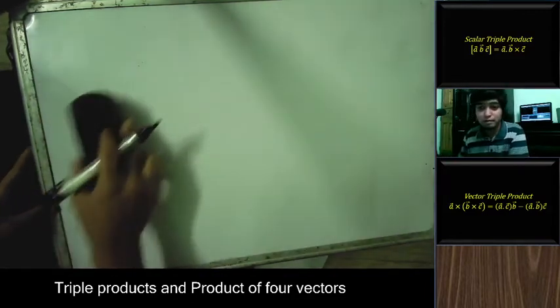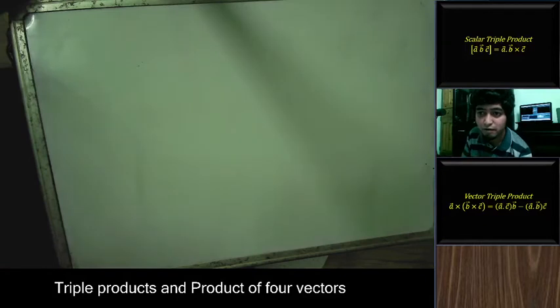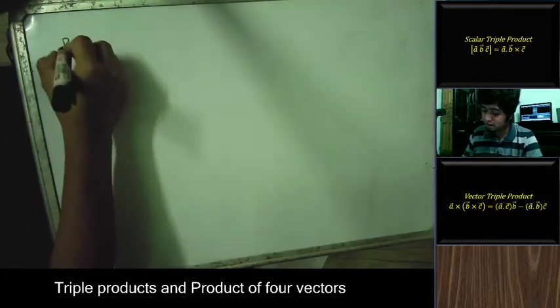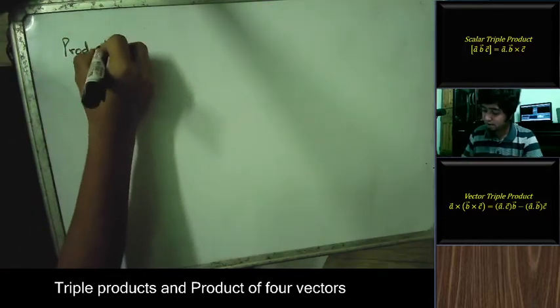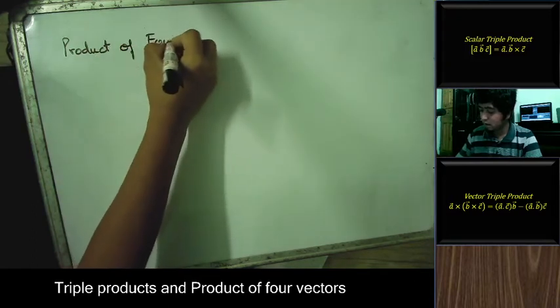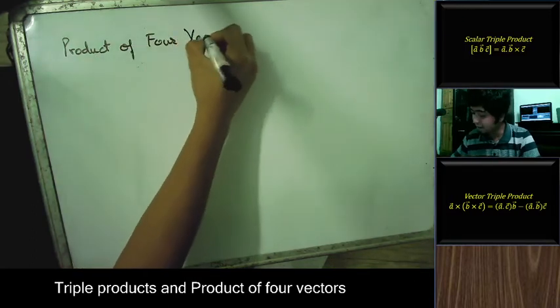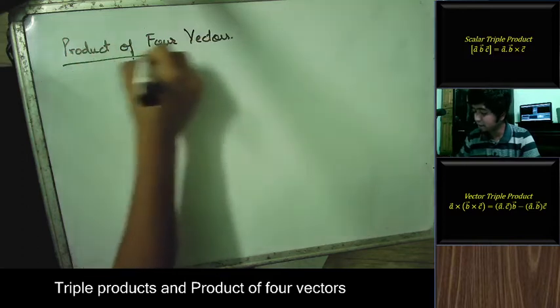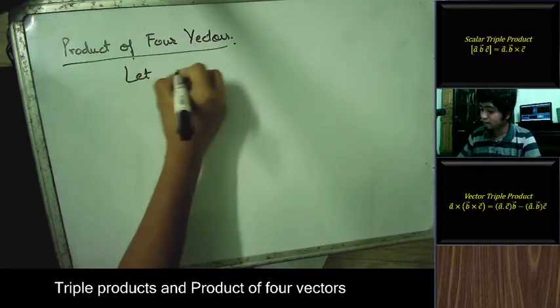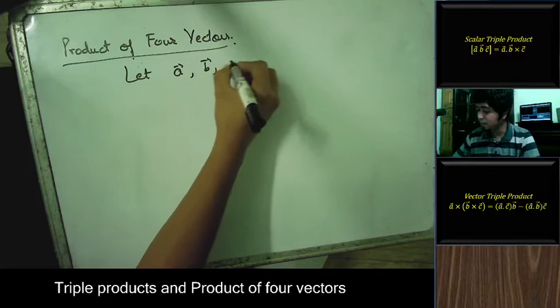But what we will do now is the product of four vectors. Before, we had three vectors, so now let us have four vectors. Let A, B, C, D be four vectors.